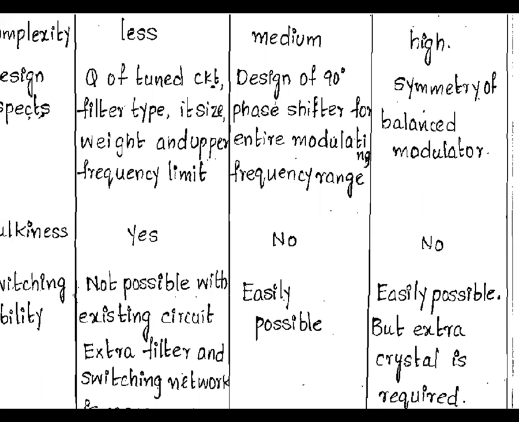Extra filters or switching networks are needed. If you want to switch the frequency, use extra filters. That's why for a particular filter, only a certain frequency is designed. If you want to switch over the frequency, use another filter. That's why it is somewhat complex.